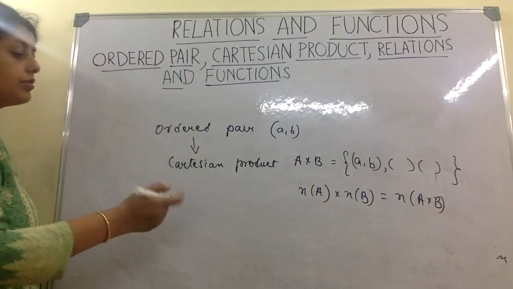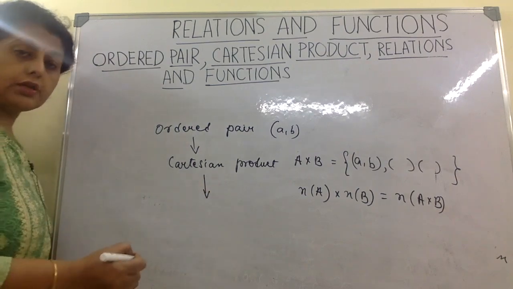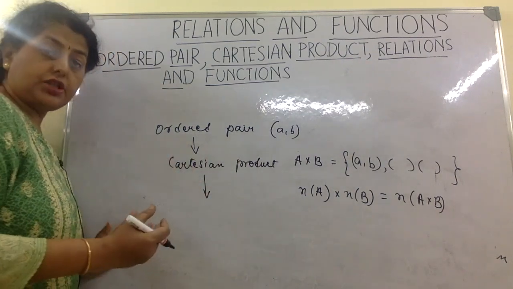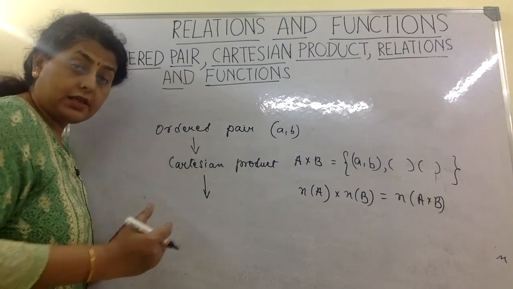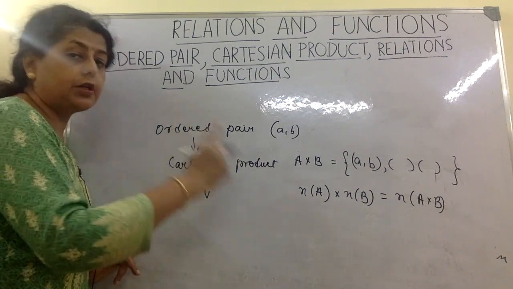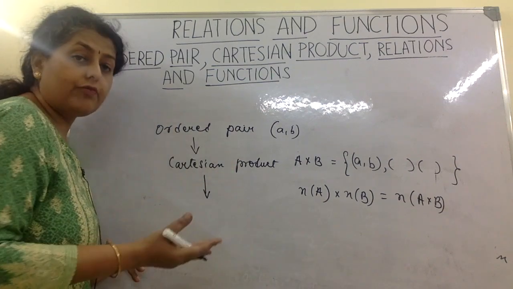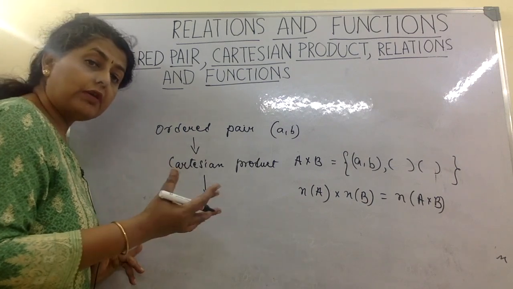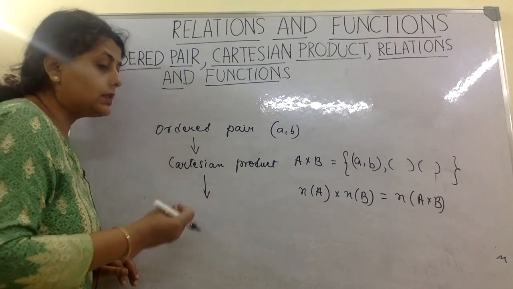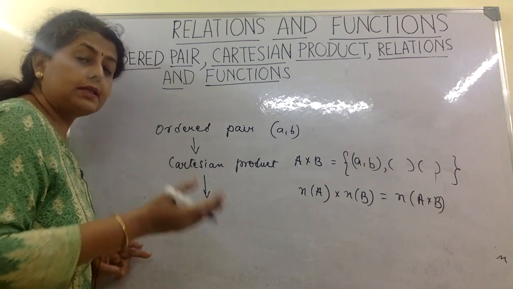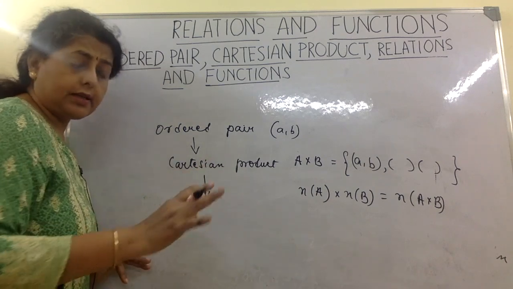Let's come to the next one. After Cartesian product, a small part of a Cartesian product can be called a relation if it is following a particular rule. The rule will be provided to you, like A is equal to B, A is greater than B, B is greater than A, something like that.